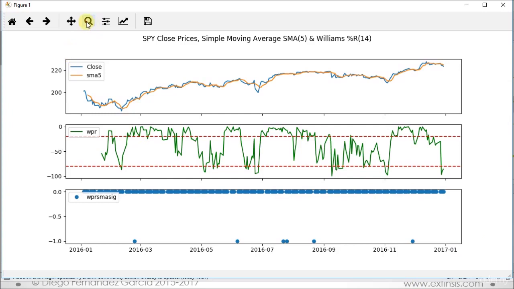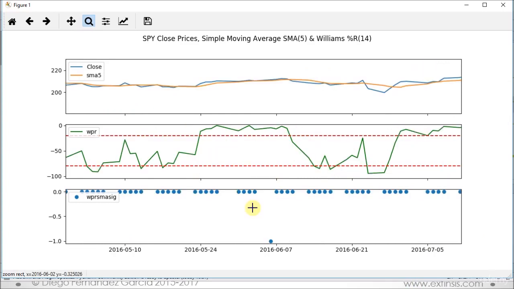So let's focus on any of the sell signals just to see how they correspondingly work, like this one, for example, in which we first focus on how our close prices go from above to below the corresponding technical indicator, which is the simple moving average, and this needs to be confirmed by our Williams percentage R being above the upper threshold, which is -20. The lower one is -80.